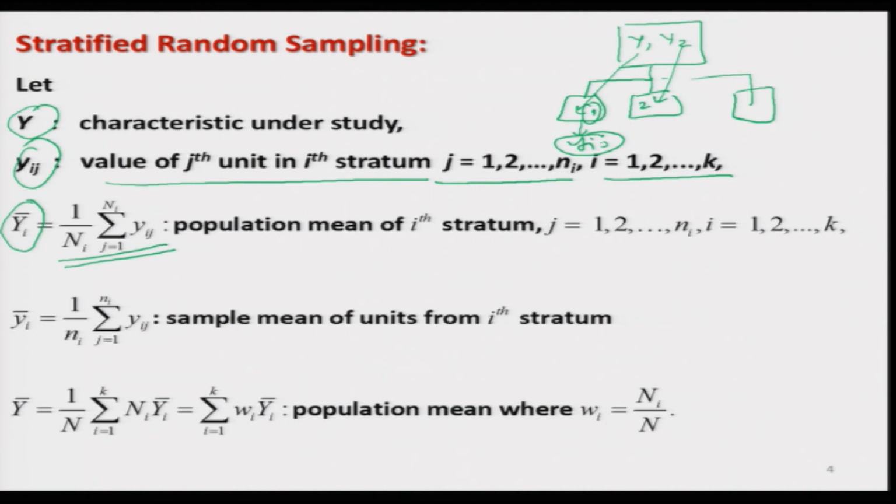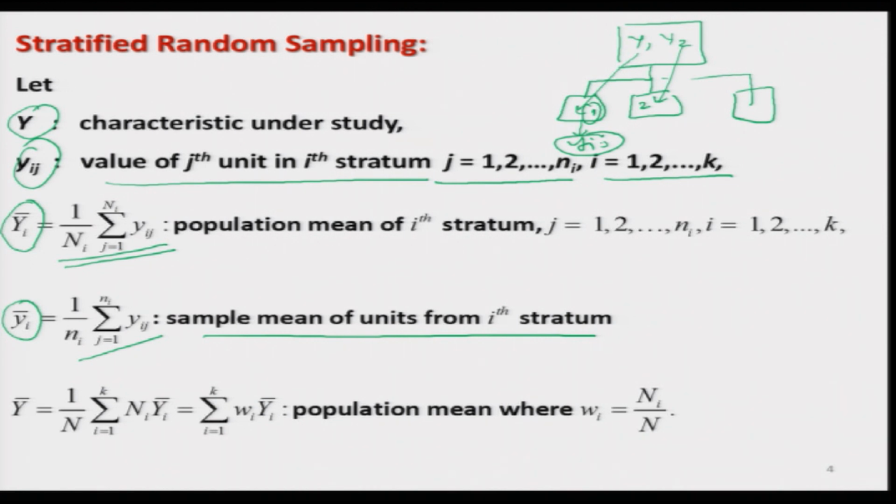Similarly, the units drawn from the ith stratum are denoted by small y bar I, which is 1 upon small ni, summation j goes from 1 to ni, yij. So, this is the sample mean of the units drawn from the ith stratum.